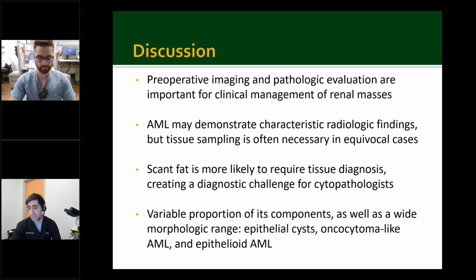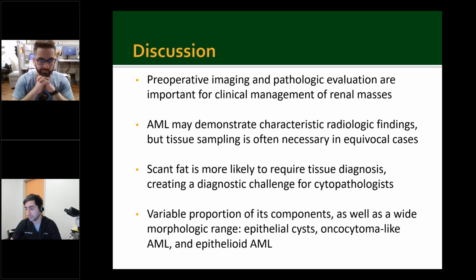The presence of angiomyolipoma with scant fat or low fat predominance poses a diagnostic challenge for us as pathologists or cytopathologists, because they lack the adipose component, which can sometimes lead to misinterpretation as other malignant neoplasms such as renal cell carcinoma or other entities in the differential diagnosis.